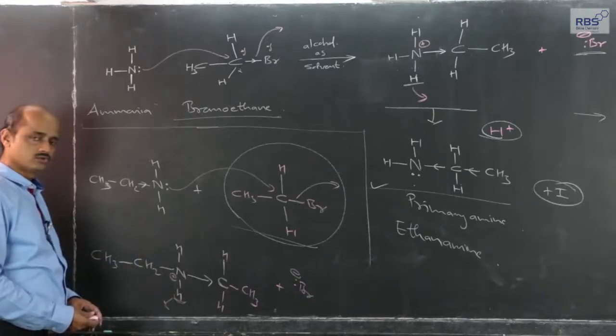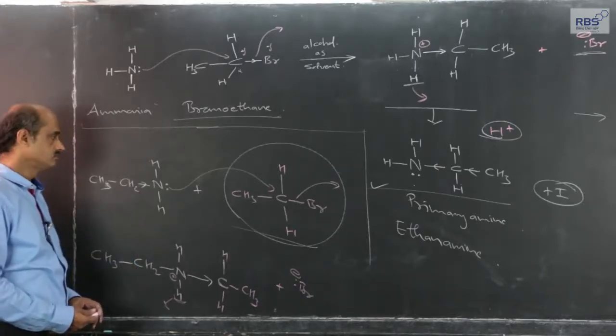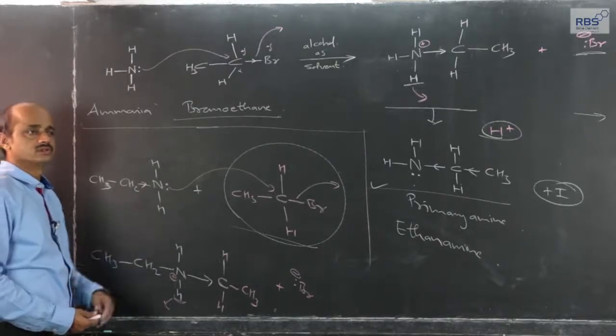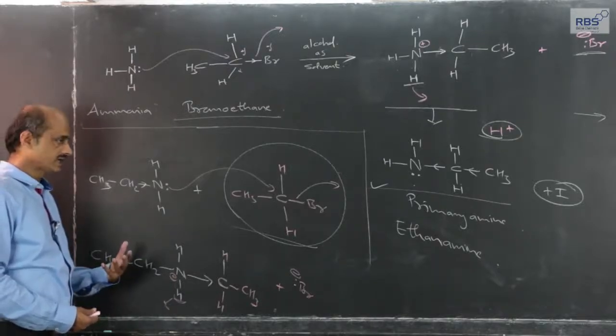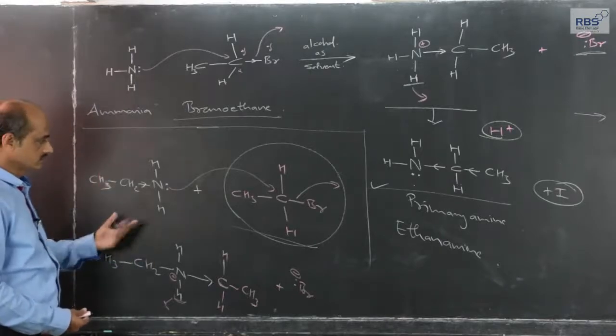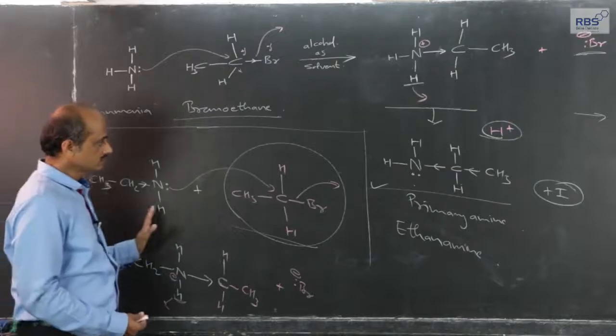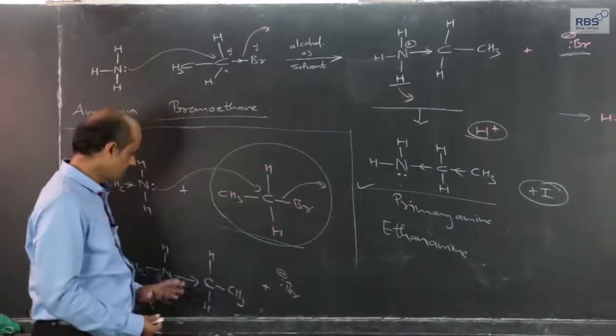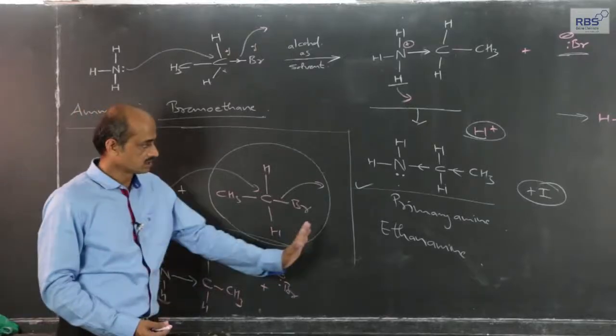That point should also be considered, and that reactivity is more, meaning the reaction is easier because of the plus I effect than the earlier one. So, this reaction results in a mixture of primary, secondary and tertiary amines, although I have not shown the third step here.